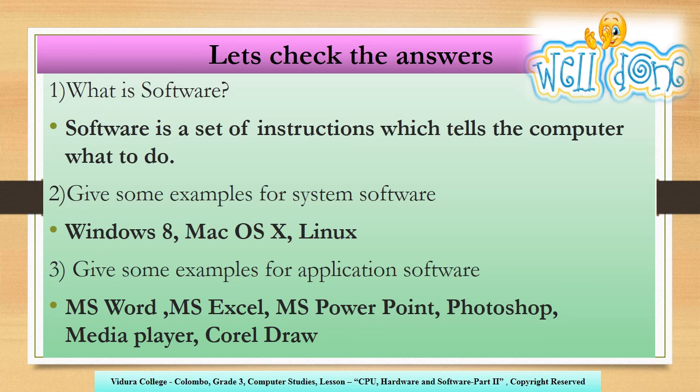Answers are Windows 8, Mac OS X, and Linux. Question number 3. Give some examples for application software. Answers are MS Word, MS Excel, MS PowerPoint, Photoshop, Media Player, and CorelDRAW.